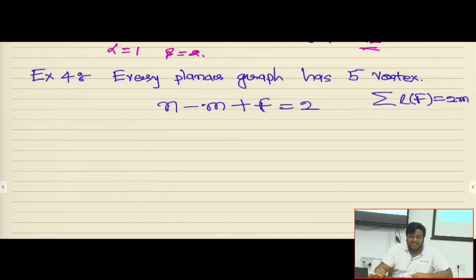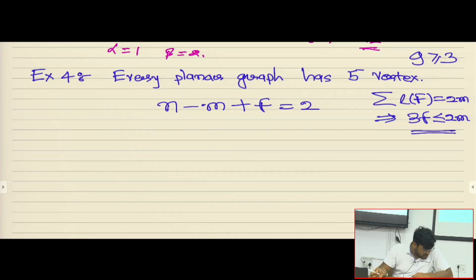We consider that the girth, if G has a cycle, must be greater than or equal to 3. So we can consider here that 3f must be less than or equal to 2m. Okay. Now we put this into the Euler formula.